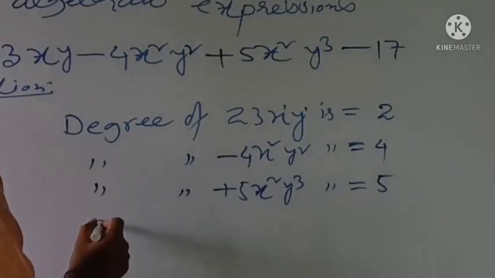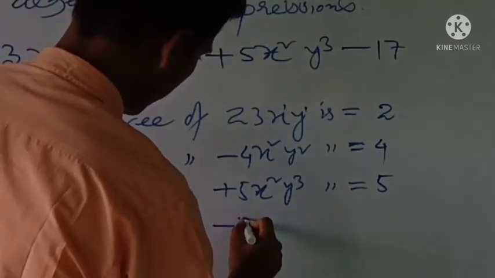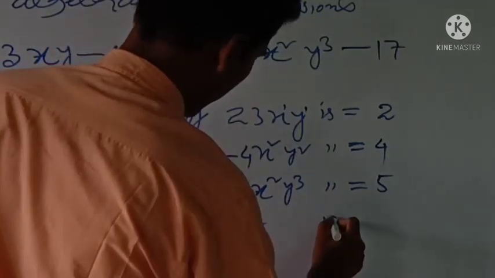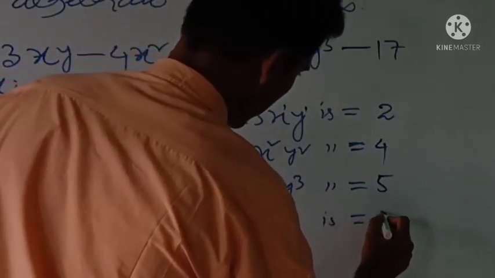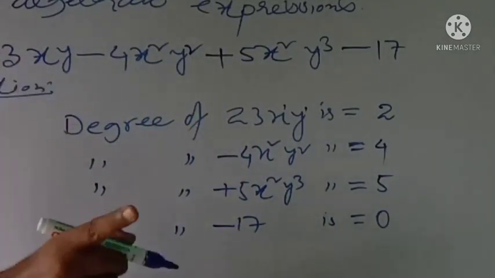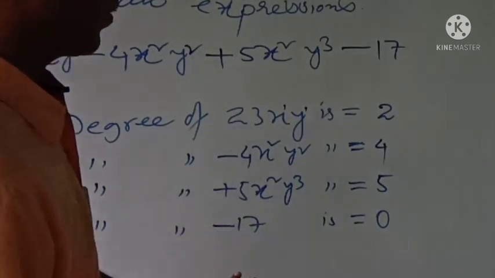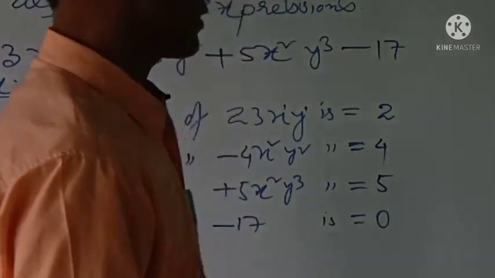Then degree of minus 17 is 0. Why? We know that the degree of a constant term is always 0, whatever the constant term may be. It can be any number, but the degree will always be 0.